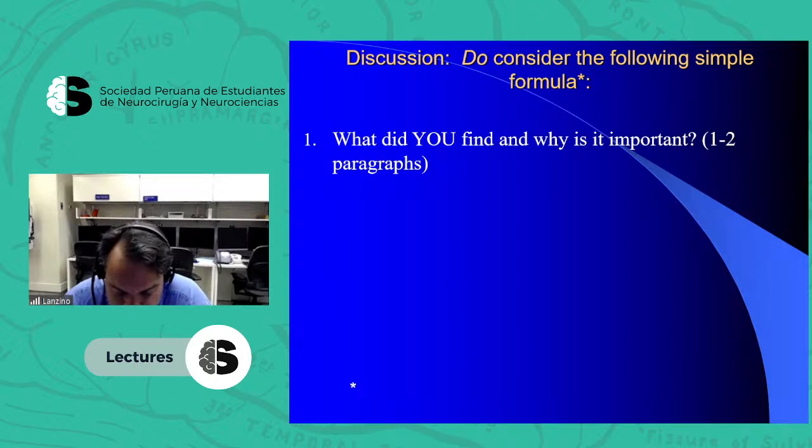As I said before, from a practical point of view, in a scientific medical manuscript, if you have 2, at the most 3, important messages, you have already achieved a lot. So in the first paragraph, you summarize your findings, and then you say why what you found is important.